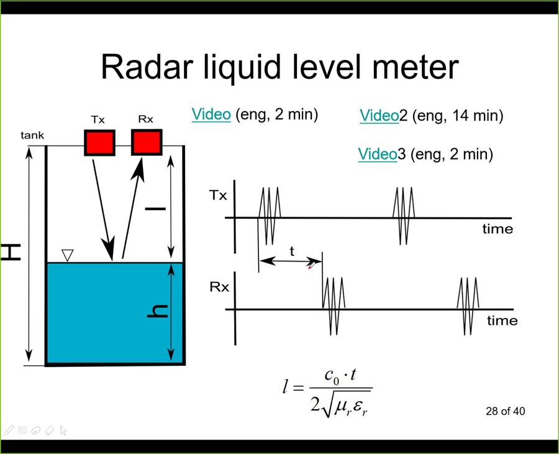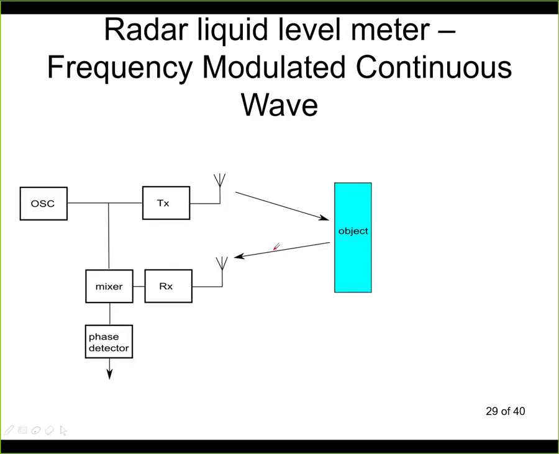So it may be difficult to measure this small time, although it's not impossible. For this reason, many radar liquid level meters use something called frequency modulated continuous wave, FMCW.